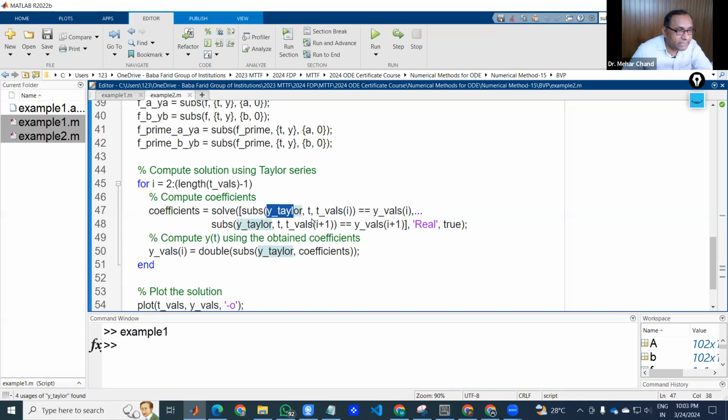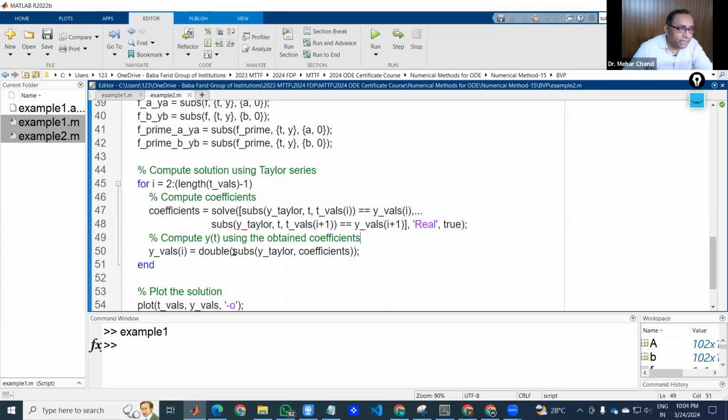Okay. The subs function is here. Y Taylor series, value of t and t values will be equal to y values at i. So this is the first equation, and so on. We will have this as the last equation. So we have the system of equations, and you will get the real value is true. So this system of equations will solve all the coefficients.